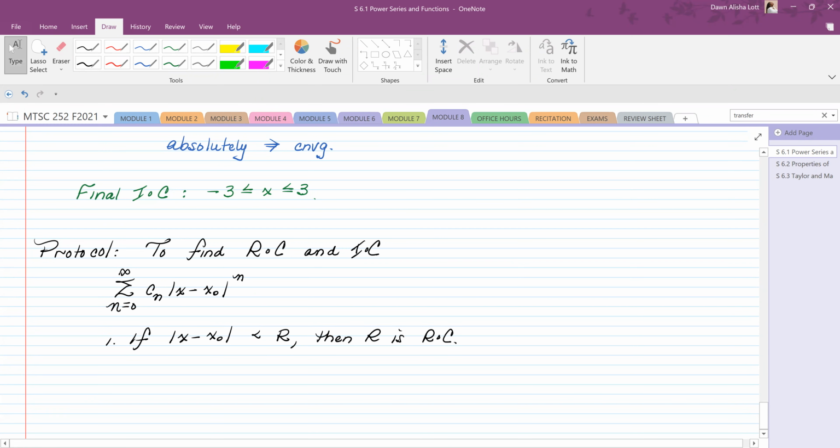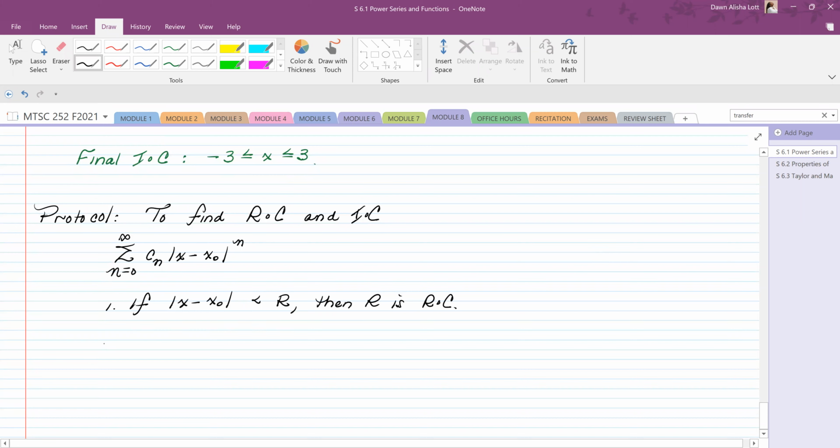Then, you get negative r is less than x minus x naught is less than r. So x is between x naught minus r and x naught plus r. This is your preliminary interval of convergence.